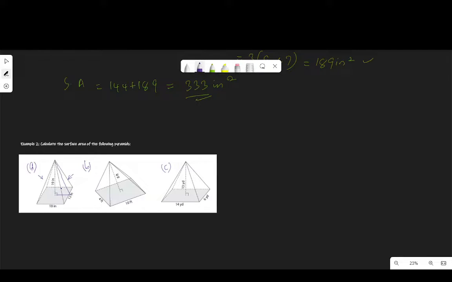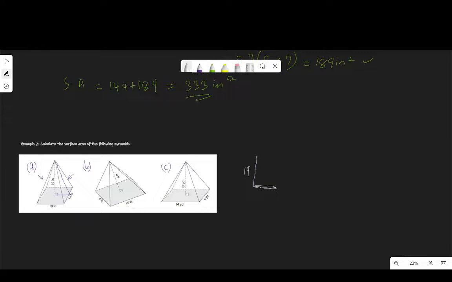To get the height of those triangles, I'm going to apply Pythagoras theorem to this triangle that I drew here. If I bring it out, I'll have something like this. I'll use white here so that I can show clearly the 19 inches, and then the base of this triangle is equal to half of the length of the base of the pyramid, which is 18 inches.